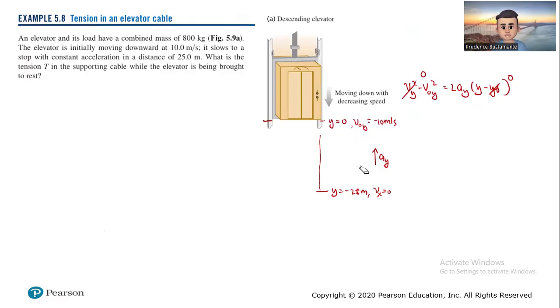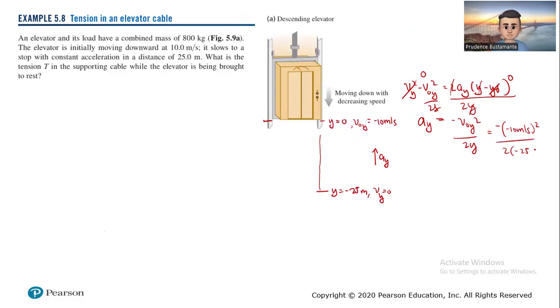Here your v sub y is equal to 0, so your acceleration is equal to negative v sub oy squared over 2 times y. So we have negative (10 meters per second) squared over 2 times negative 25 meters. You cancel the negative.